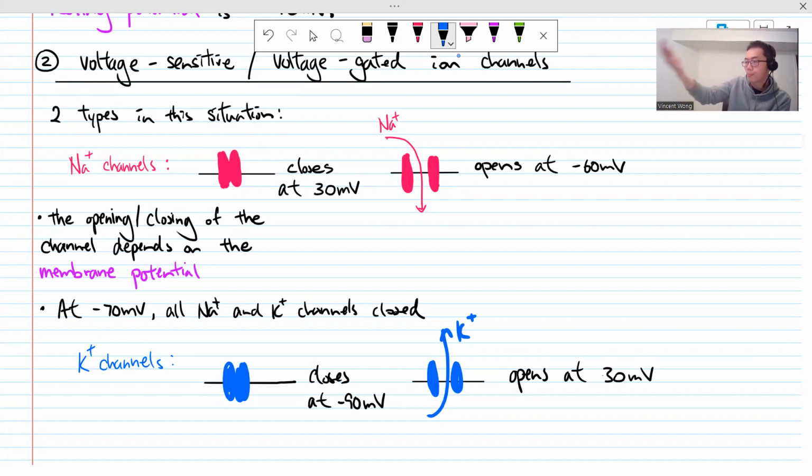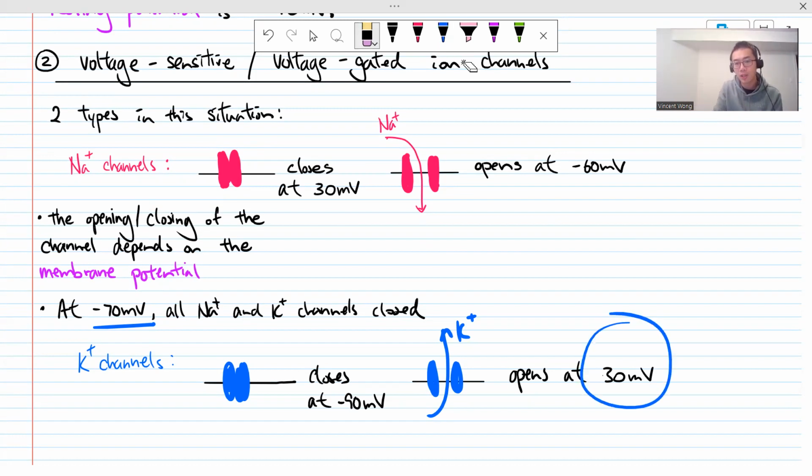You cannot close the door unless you open it first. So when you are sitting at minus 70, it's already closed. You cannot open them until 30 millivolts. Once you open it at 30 millivolts, then you can close them again at negative 90.